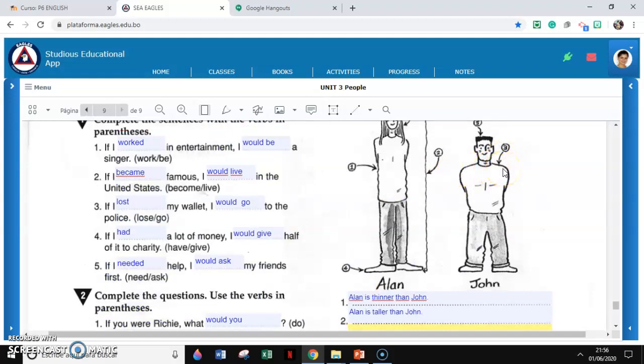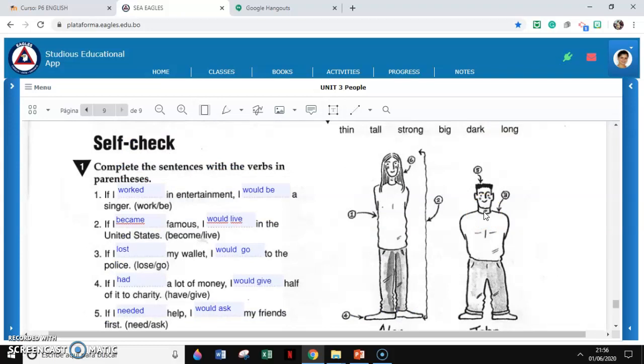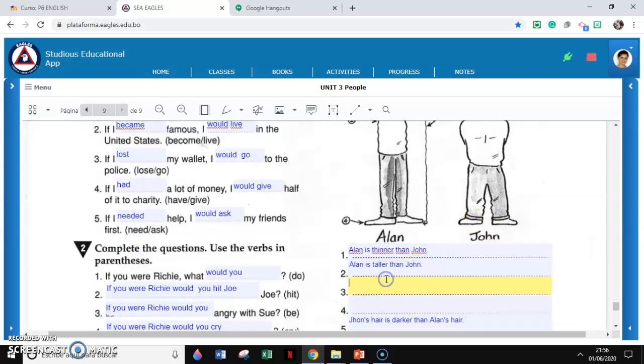How about number 3? It's pointing to John's shoulders, right? So here in number 3, John's shoulders are stronger than Alan's shoulders.